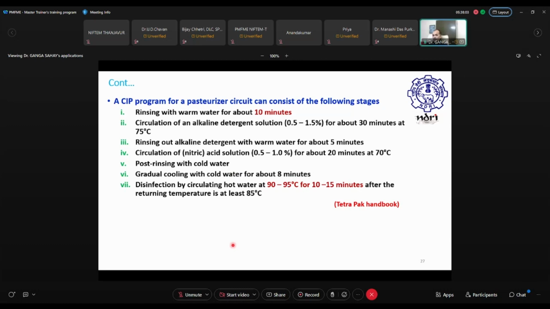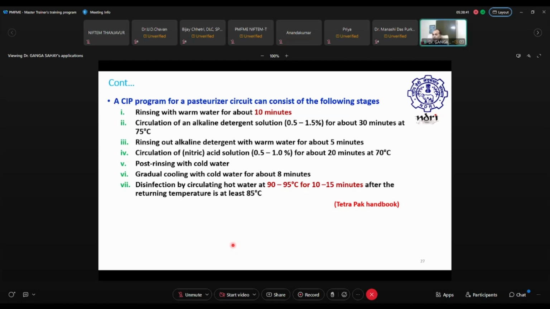And then it comes to the last step, where we go for disinfection of the equipment, by circulating hot water at 90 to 95 degrees centigrade for 10 to 15 minutes, after the returning temperature is at least 85 degrees centigrade. Here a lot of people make a mistake. They send the water at the correct temperature, but when we send water from one side, like from our balance tank, depending on the process and how long the line is, it must reach each and every component of the processing line, and then it should return at a temperature of at least 85 degrees centigrade.